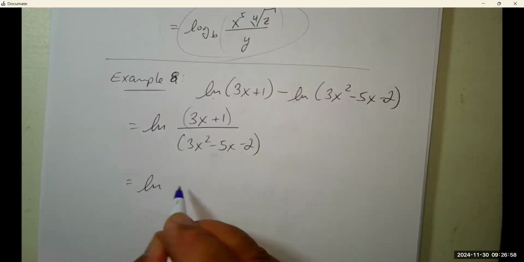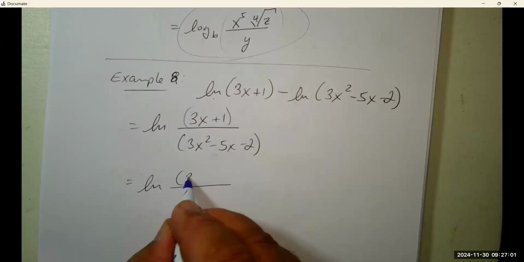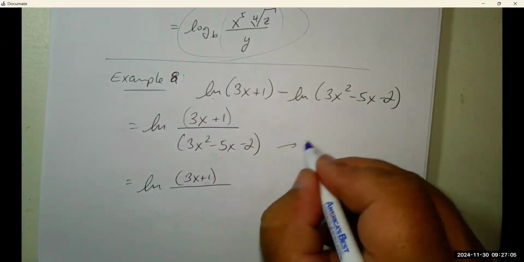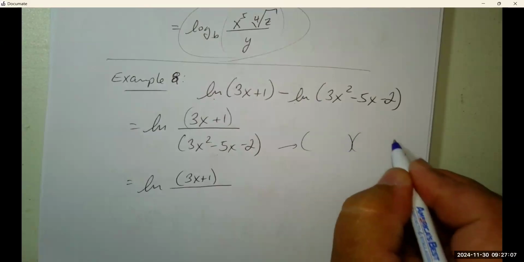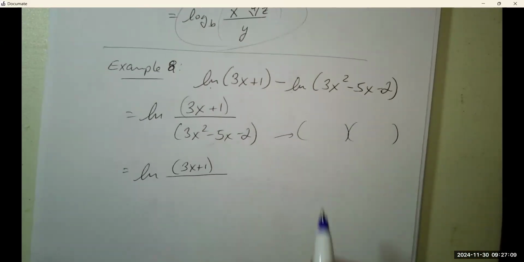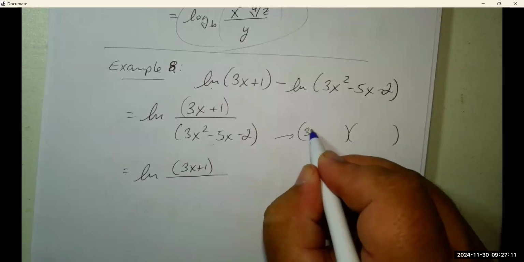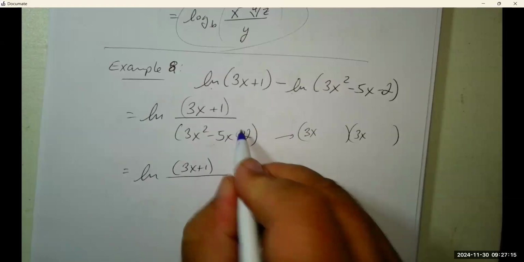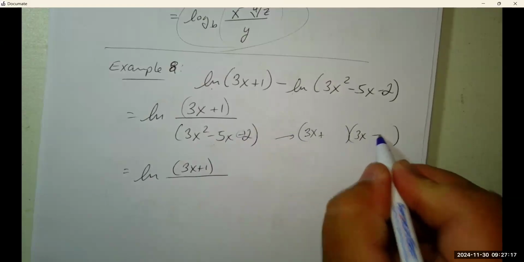So we have ln, the top is linear, so leave it alone. We got to factor this one out. Remember, we take the first term, 3x and 3x. Second sign's a minus, so they're opposite signs.